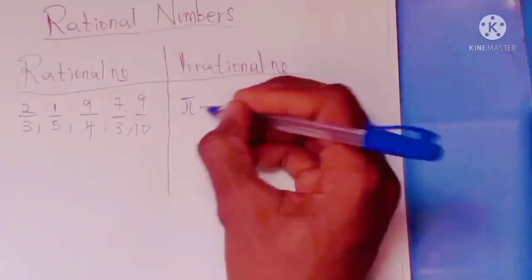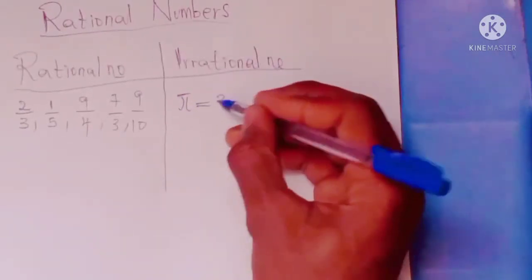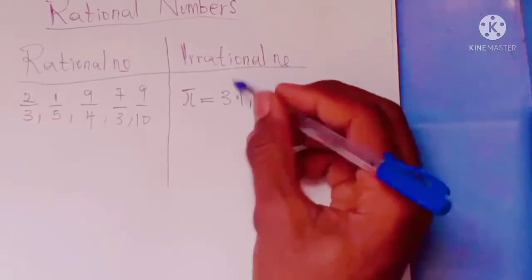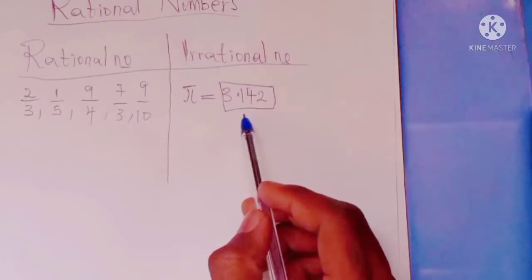As for pi, we all know that pi is known as 3.142, but this itself is just the approximated value.